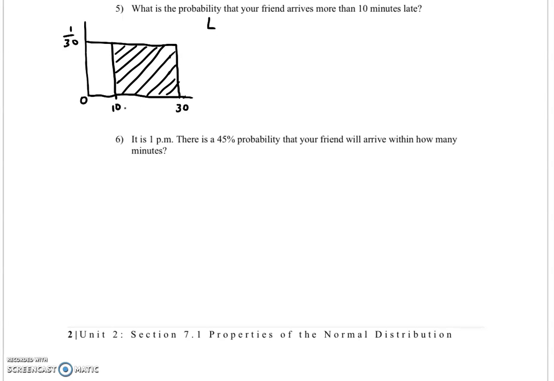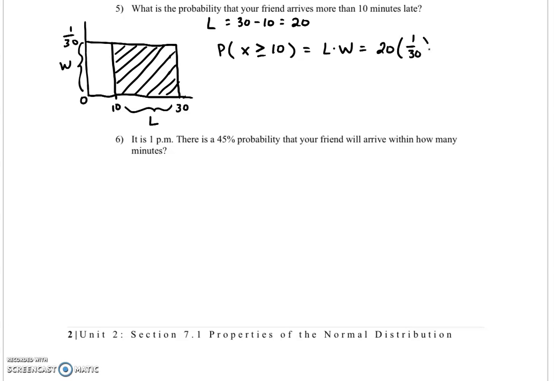So the length of that rectangle is 30 minus 10, which is 20. And remember, the width is 1 over 30. So the probability that our friend arrives more than 10 minutes late, so x is greater than or equal to 10, is length times width, which is 20 times 1 over 30, which is 20 over 30.